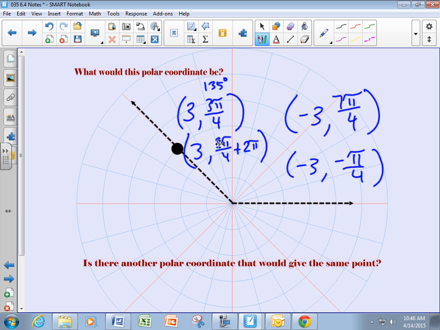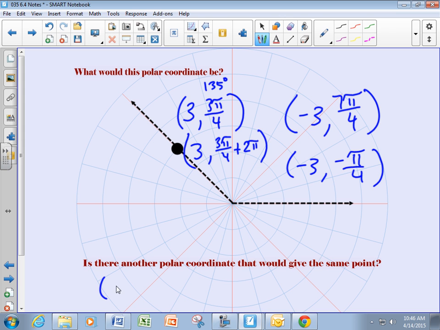What I want you to see is that we could get infinitely many ordered pairs that go to the same point. And part of your problem set that you're working on is wanting you to come up with a rule to show you how to always get all the different coordinates that are possible.